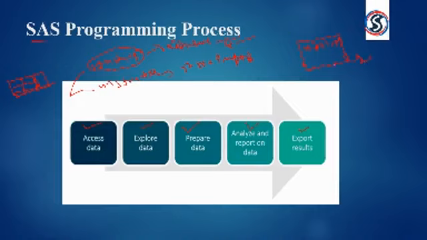Within the data all the values are separated by a comma, and I want to access it within the SAS and convert it into the table format. So with the help of the proc import, we will first convert this unstructured data to the structured, and then we will work on that.